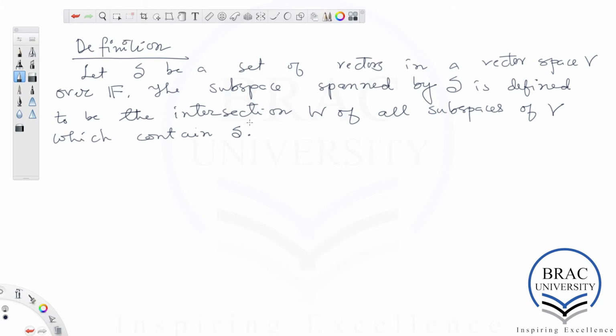And the intersection of all subspaces that contain S has a name, which is called the subspace spanned by the set S.